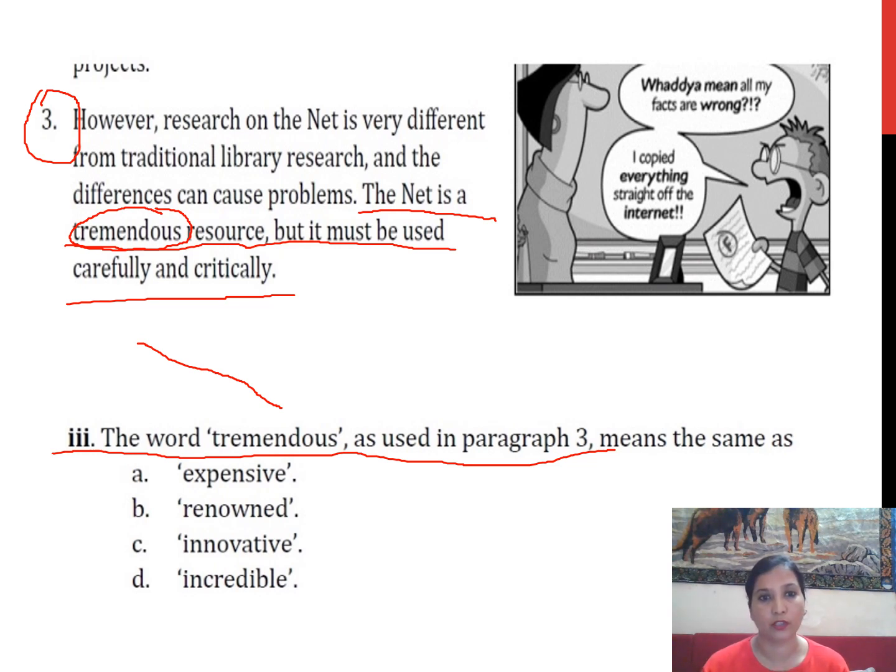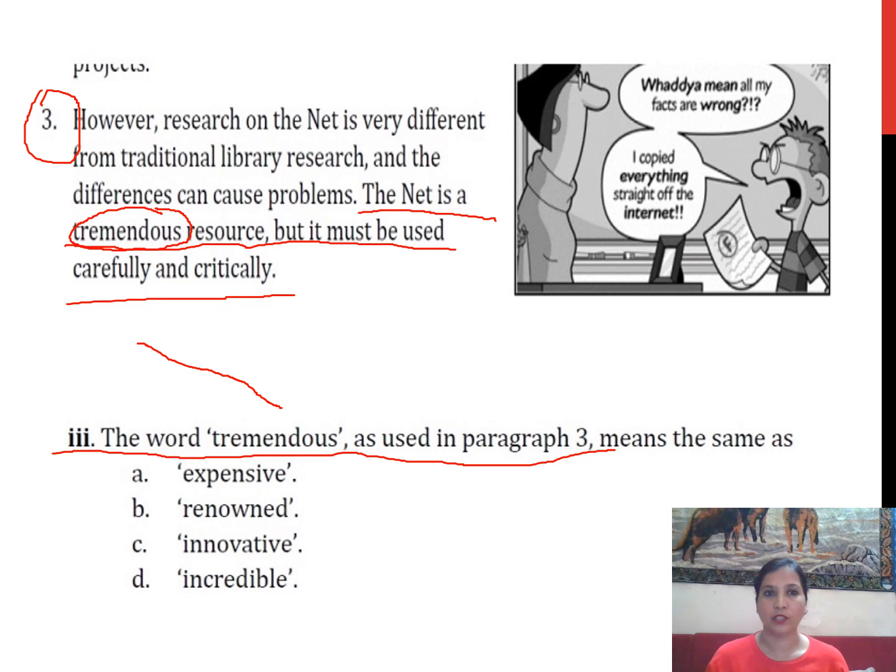Like if I use the first option, that is expensive, I remove the word tremendous and I use expensive instead of that. Will it change the meaning? Let's see. The net is an expensive resource, but it must be used carefully and critically.